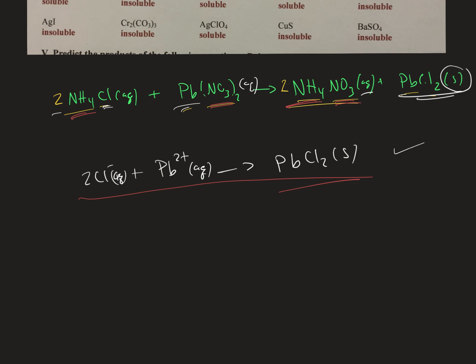I bet Google would tell you. But it's good to know. I'm going to write it's a kind of salt. All ionic compounds are salts, right? This salt happens to not dissolve in water.